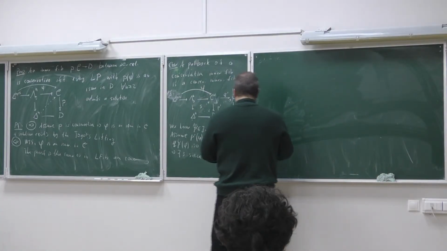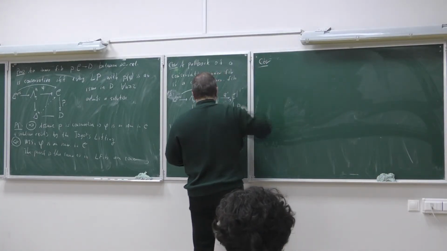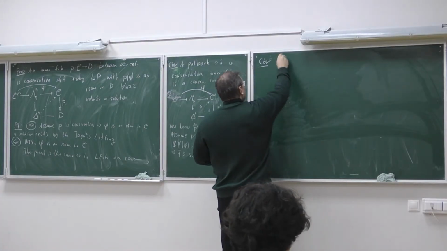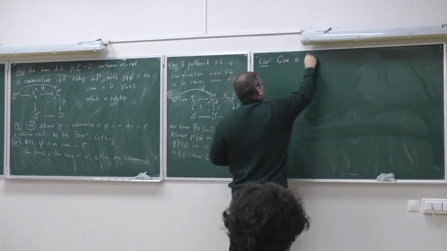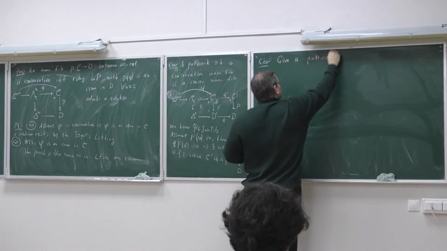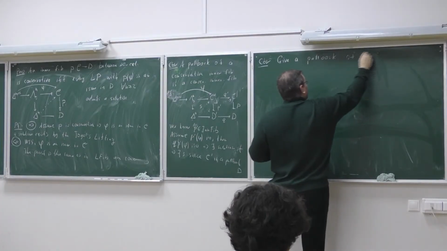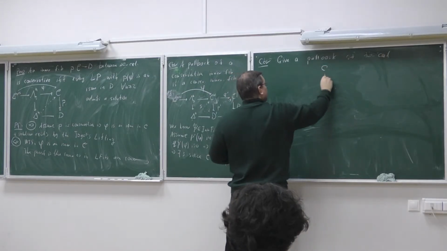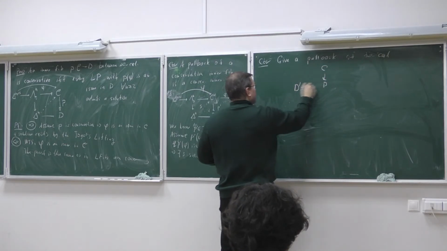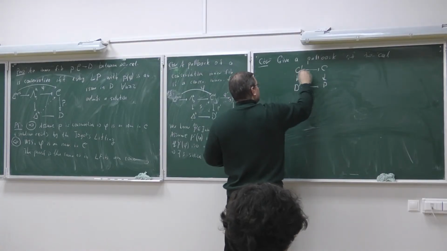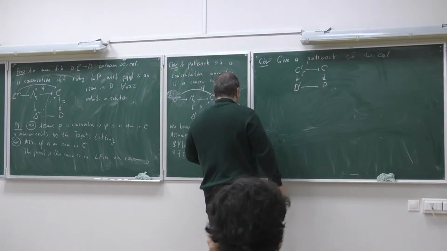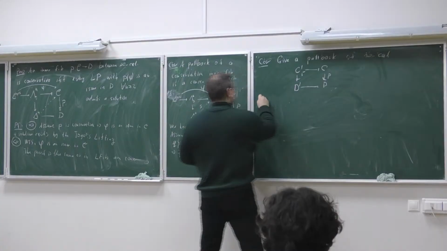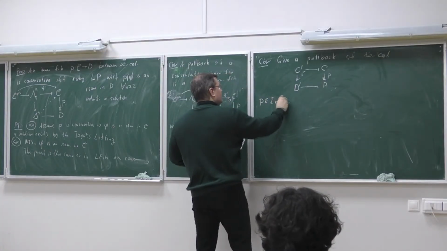So another corollary. Given a pullback of infinity categories, so C maps to D, this is D prime and this is C prime, so that's a pullback diagram. This map is P, and I assume that P is an inner fibration.